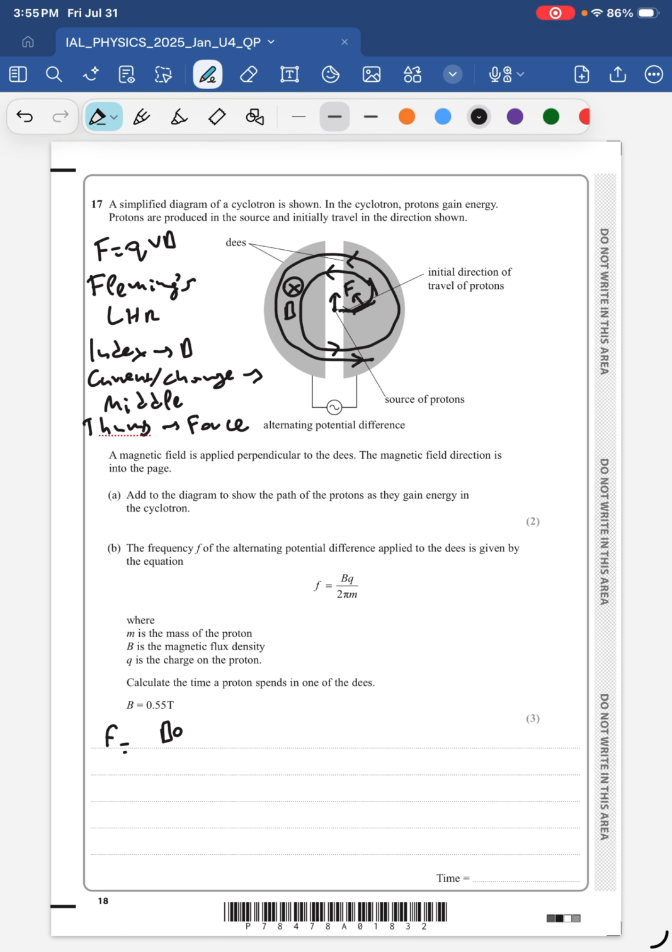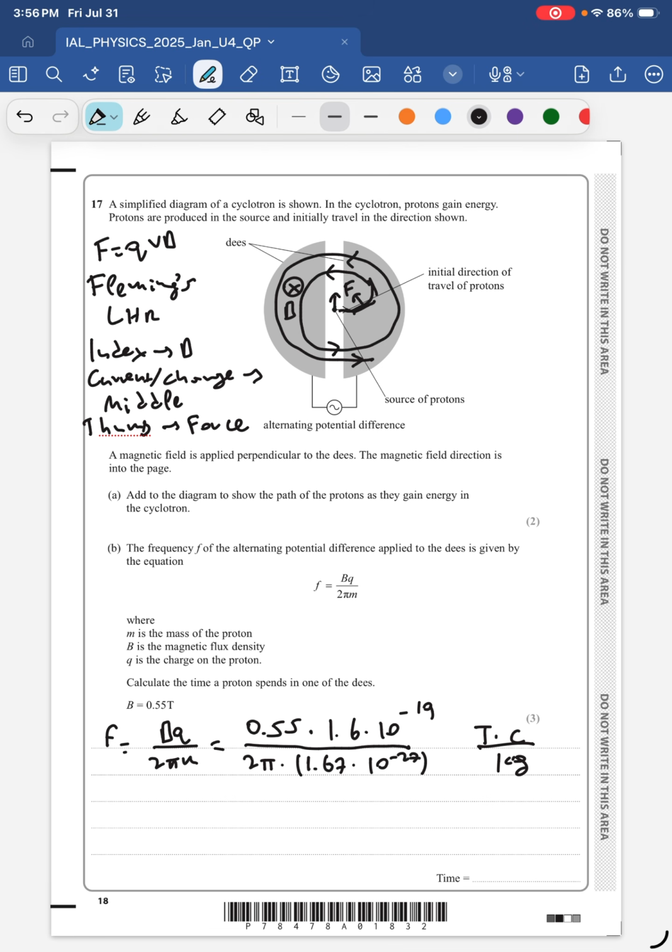So f is BQ over 2 pi m. So 0.55, and that's teslas, then times 1.6 times 10 to the negative 19, which is the charge of one proton in coulombs, and then over 2 pi times the mass of one proton, 1.67 times 10 to the negative 27.